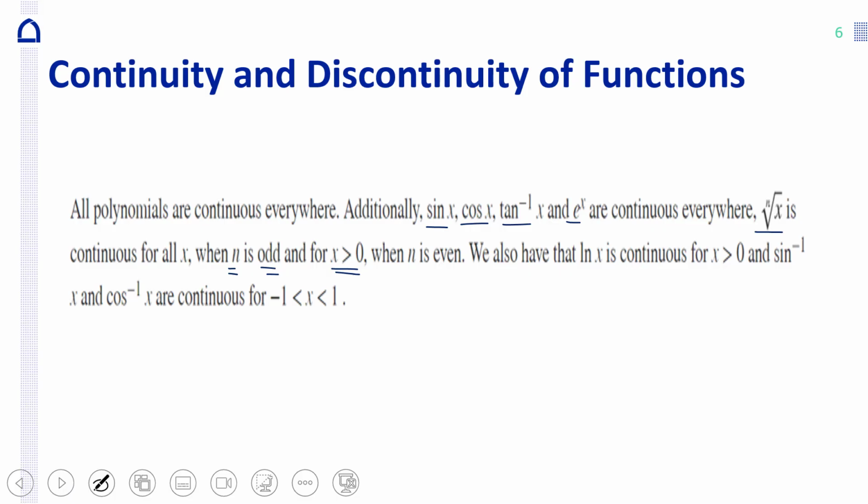And for the inverse sine and the inverse cosine, they are continuous for the value of x between -1 and +1. Okay.